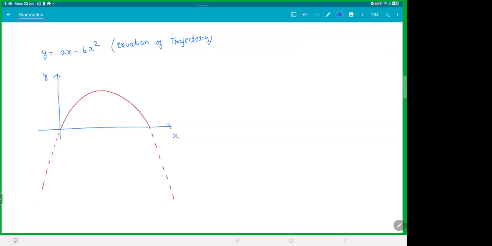So if you have plus instead of minus, what do you think it'll look like? So if you have y is equal to ax plus bx square, this thing would be a little different. Yeah, you can substitute and check.